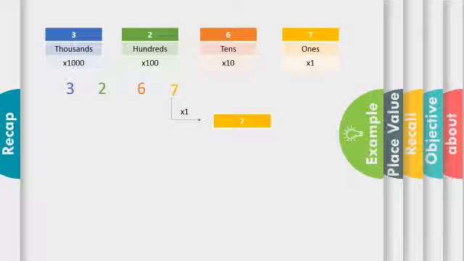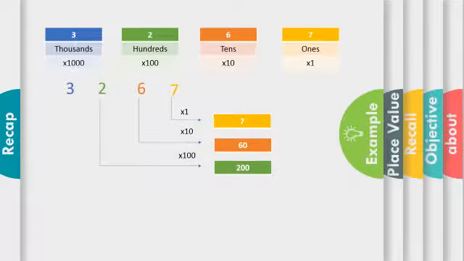So 7 is on ones place, so I multiply 7 by 1 and the answer is 7. 6 is on tens place, so I multiply it by 10 and the answer is 60. 2 is on hundreds place, so I multiply 2 by 100 and the answer is 200.